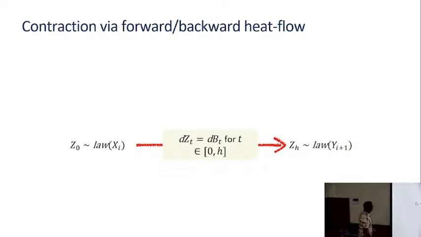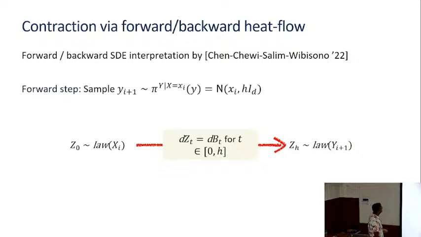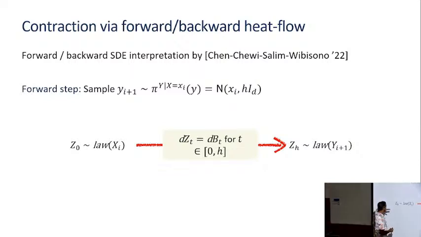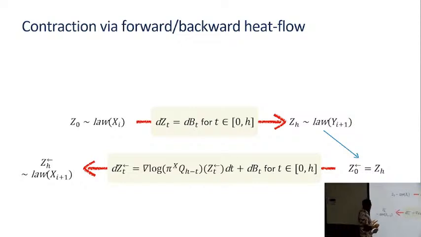In the analysis, which was previously done for smooth functions, under assumptions, in particular strongly log-concave densities, what you can show is that there's this forward step where you're just adding Brownian motion, because adding a Gaussian is just like adding Brownian motion up to a certain time.